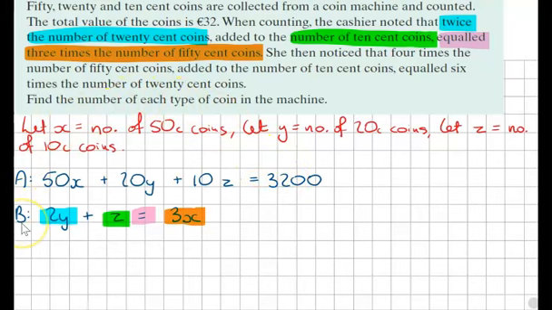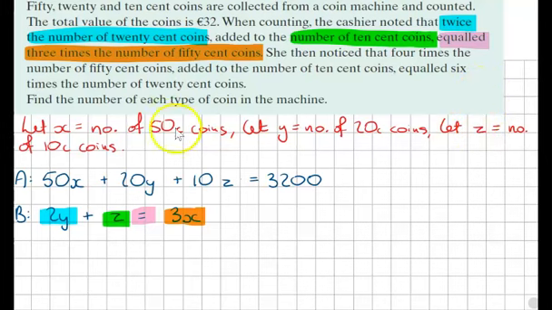Then I'm going to set up equation B. We were told that the cashier noted that twice the number of 20-cent coins, and we decided that y was going to equal the number of 20-cent coins, so we have 2y. Added, so we have a plus, to the number of 10-cent coins, and remember, the number of 10-cent coins is z.